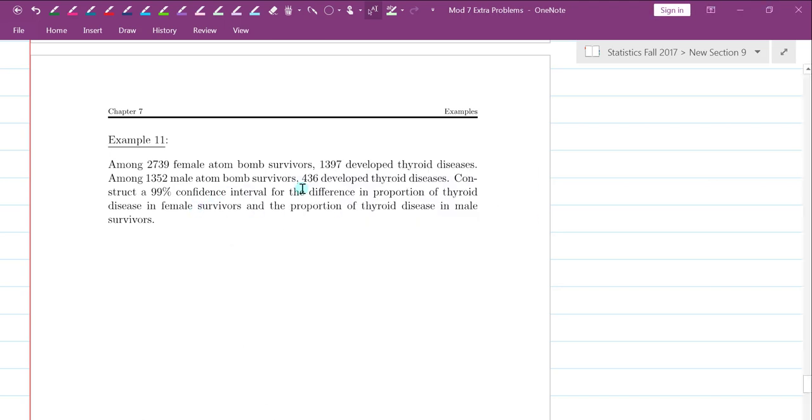Sorry about that. Okay, construct a 95% confidence interval for the difference of proportions of thyroid disease in female survivors and the proportion of thyroid disease in male survivors. So here we go. We have two different populations.